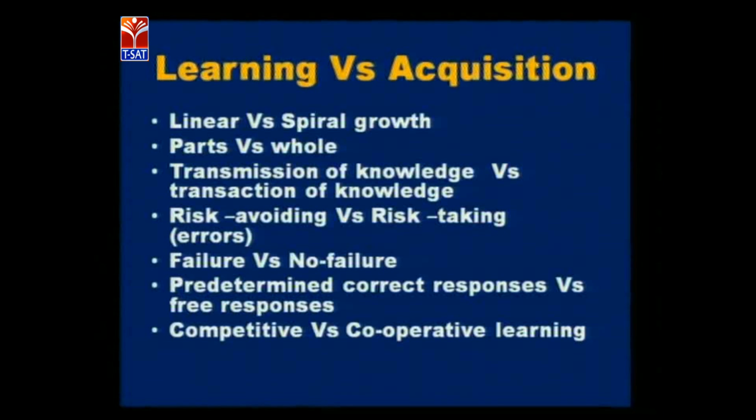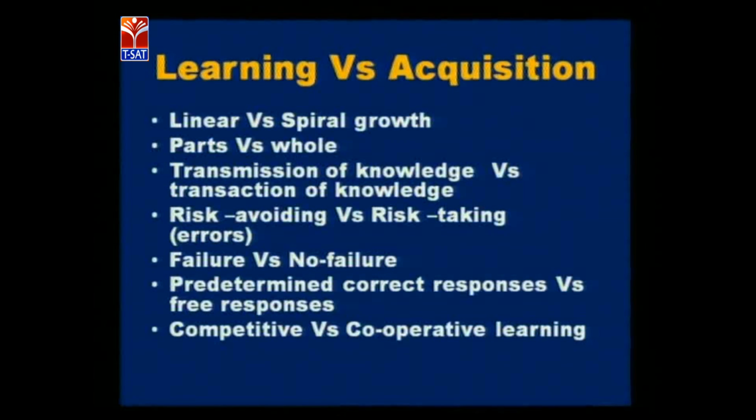We allow the errors to happen in the classroom. And there is no failure in the present system. Previously there was failure, but now there is no failure. Today we are giving a lot of scope for the children, and in place of competition, there is cooperative learning. So children will cooperate with one another. They share their ideas freely and fearlessly.